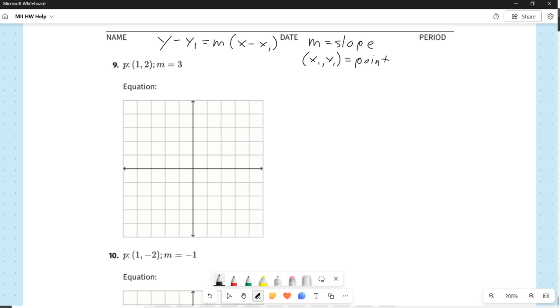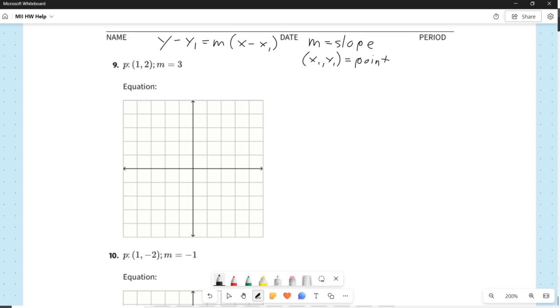The x and the y without the subscripts are your variables in the function, just like y equals mx plus b has an x and a y. But the x1 and the y1 are just numbers that don't change, because they're based on the point that you're given.